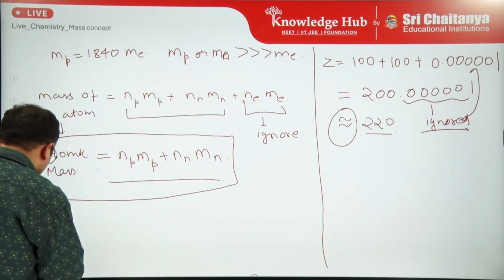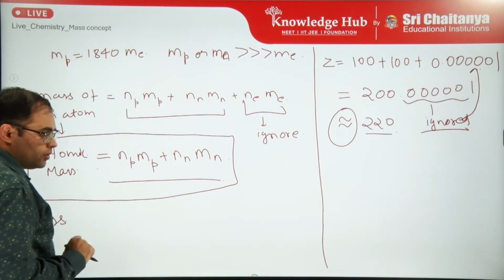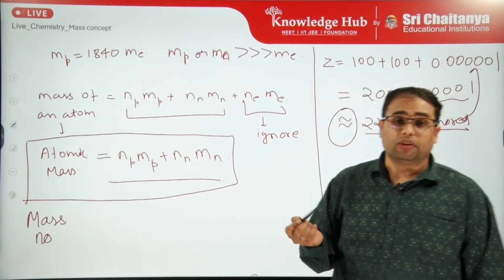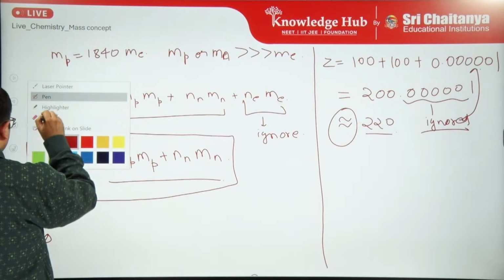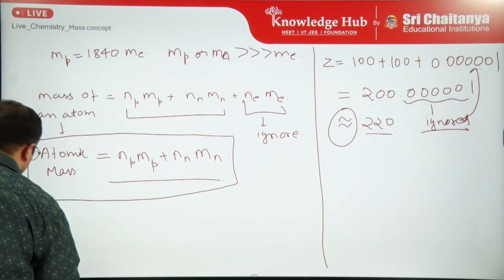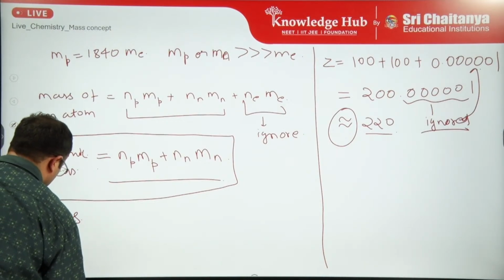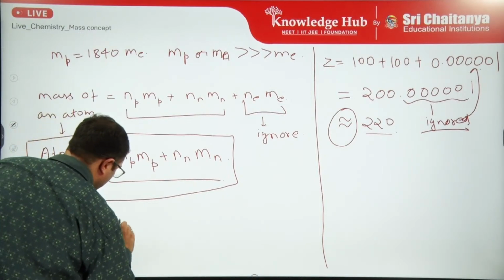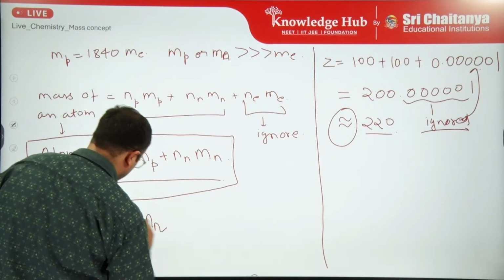Now the term mass number, what will be mass number? Simply, another term we define as mass number, denoted by the letter A, which is number of protons plus number of neutrons.